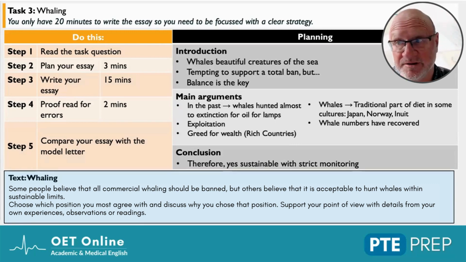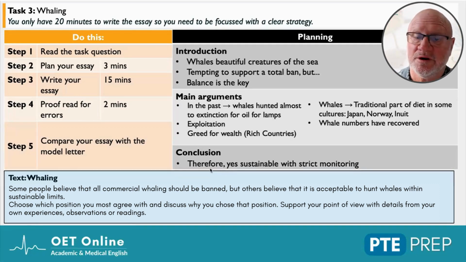We also know recently that whale numbers have recovered. Position, conclusion, therefore, yes, we can hunt whales. Yes, sustainable with strict monitoring. That's your caveat, as you will see. So that's the kind of idea of notes that you might write down in that 3 minutes.